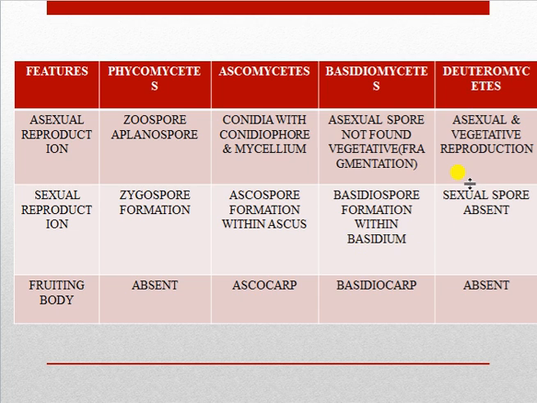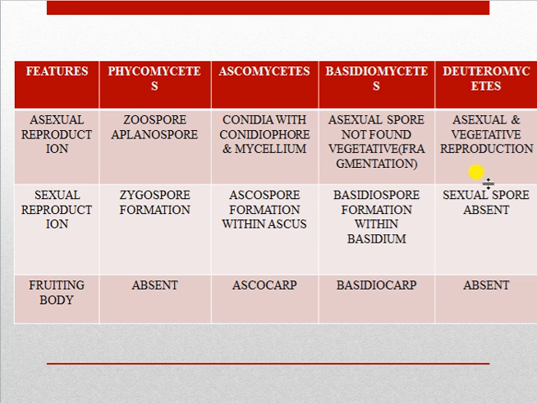And in Deuteromycetes, obviously the sexual spore is absent. So in Deuteromycetes only asexual and vegetative reproduction happens, but the sexual mode of reproduction, like in the other fungi, cannot be found.